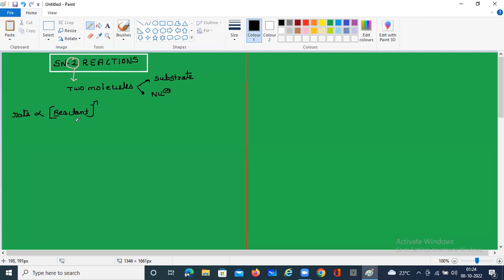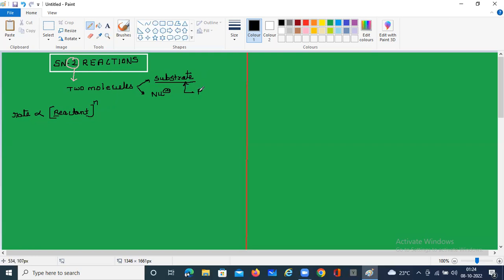So here the rate of the reaction mainly depends on what? The concentration of the reactant. So here what is the reactant? As I told, the reactant is also known as the substrate. So in this type of reaction, mostly what type of substrate should be taken, beta?